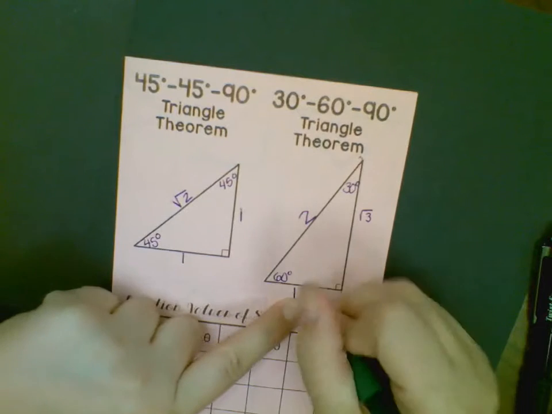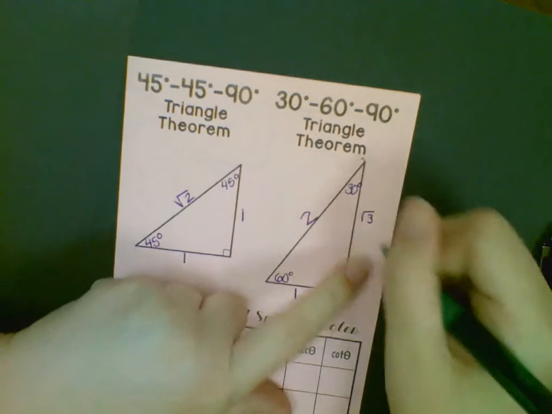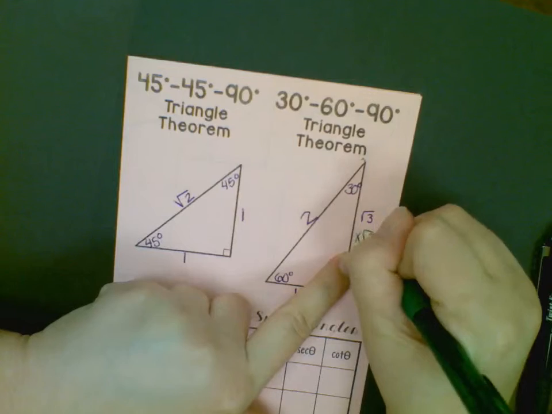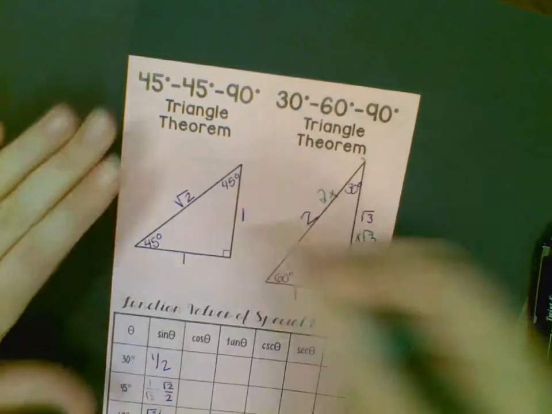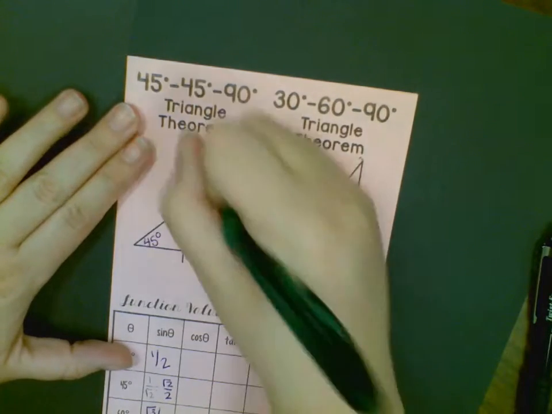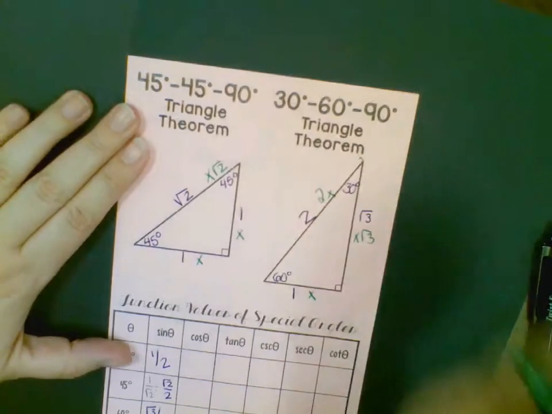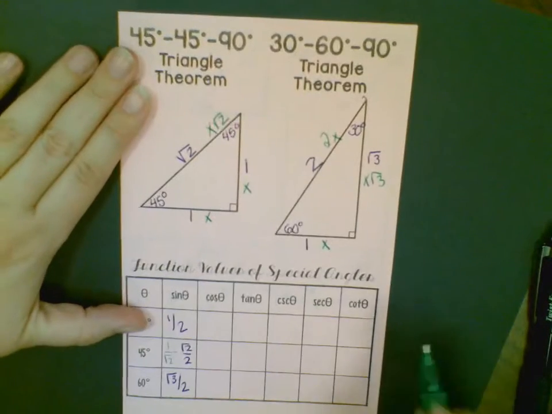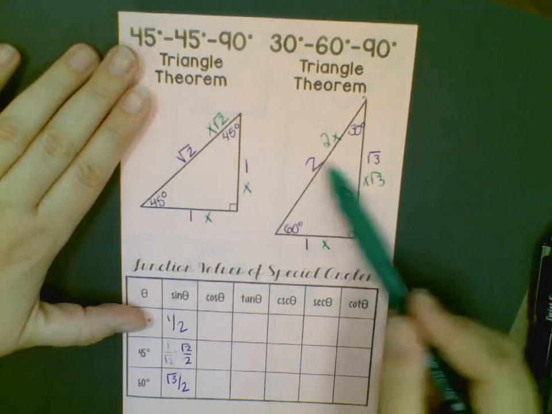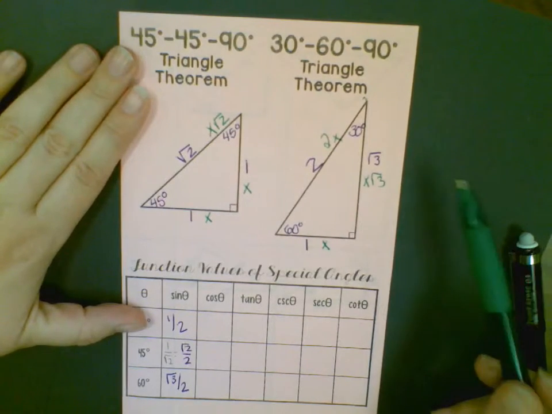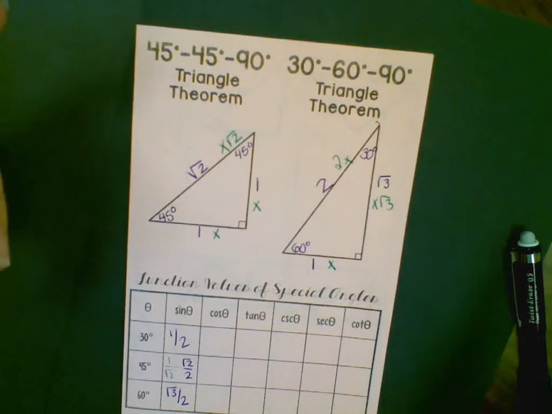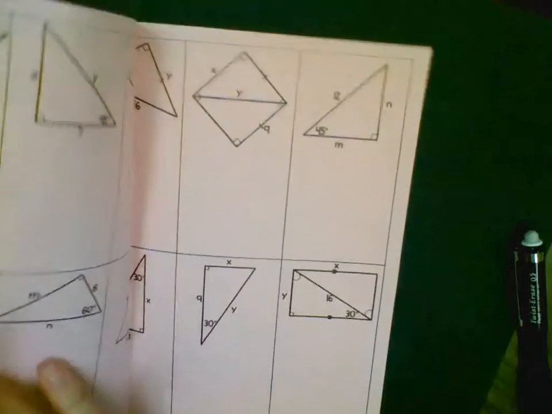So the formula for this side is x, the formula for this side is x root 3, 2x, x, and x root 2. We're going to use those special ratios and patterns to find missing sides when they give us just one. So let's take a look.